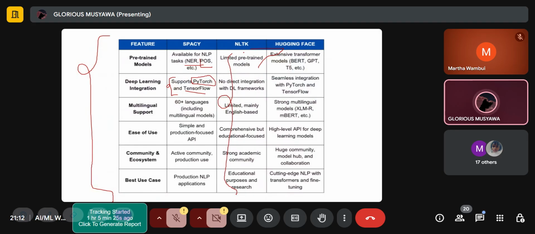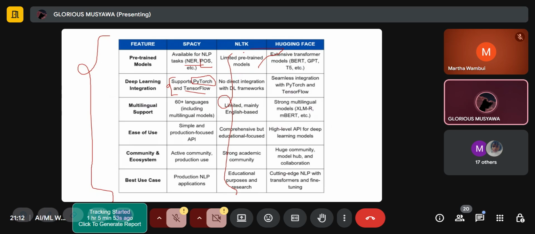Now we have Hugging Face. It has a lot of pre-trained models, seamless integration with PyTorch and TensorFlow. It's so open source that when you want to use a Hugging Face model, you just import it. It's so easy. You call the model, then you just use it on your data. A lot of multilingual models, high level APIs for deep learning.